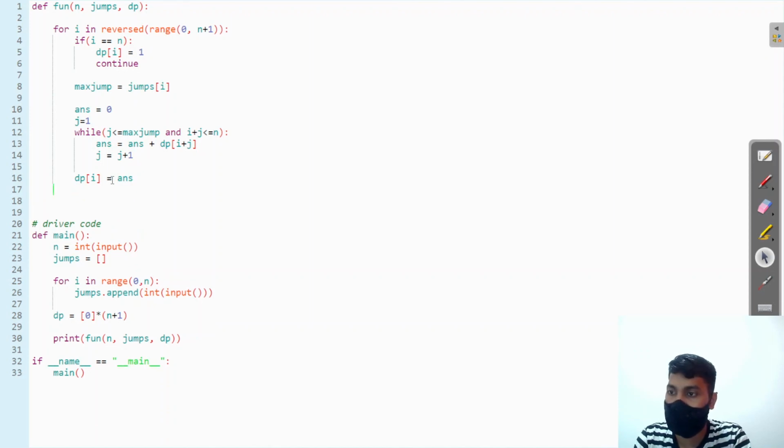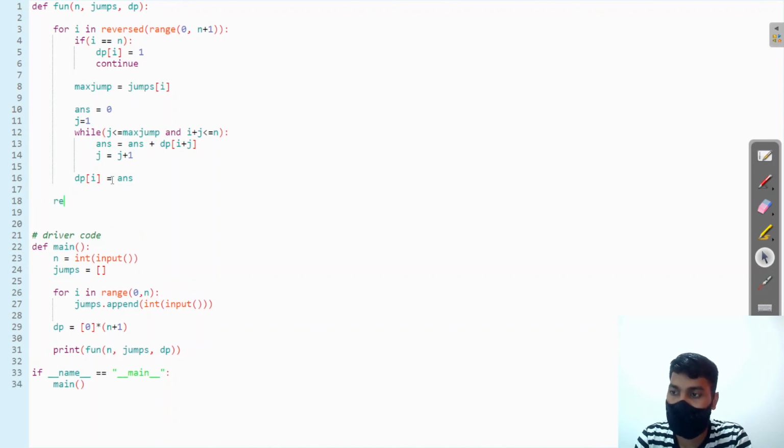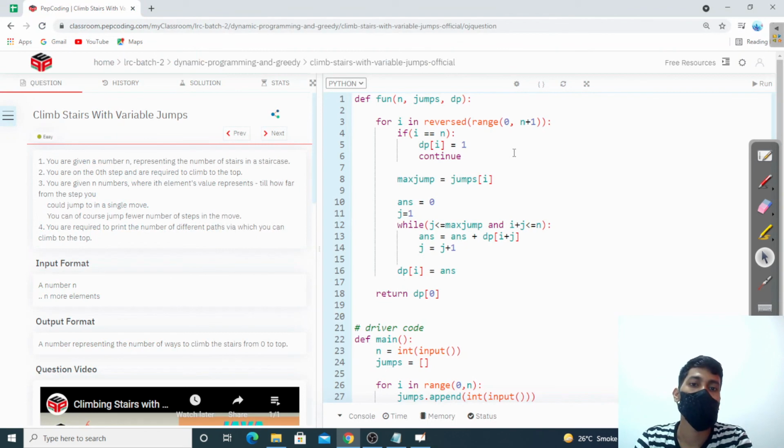Okay, now as we have discussed, where will our answer be stored? This is a problem of climb up, therefore we are going to store our answer at the 0th index.